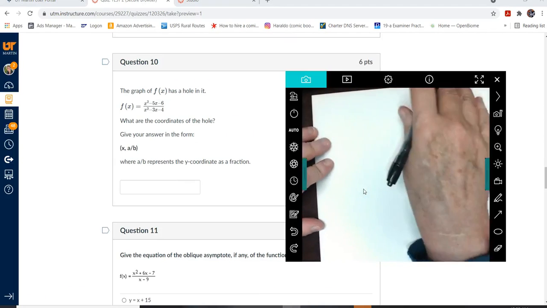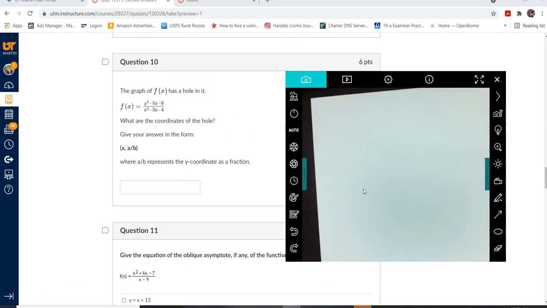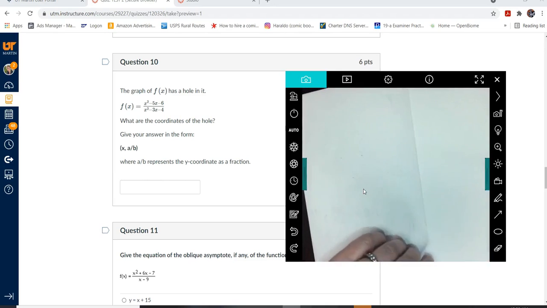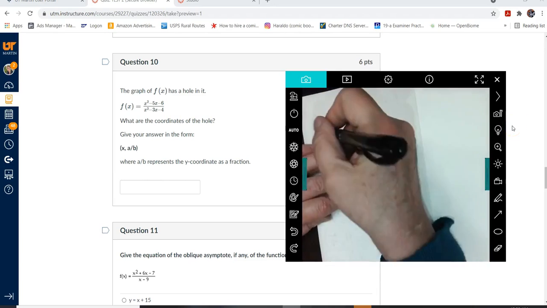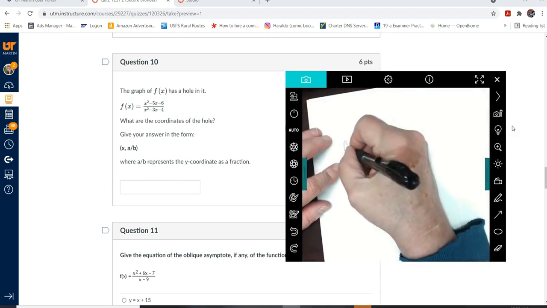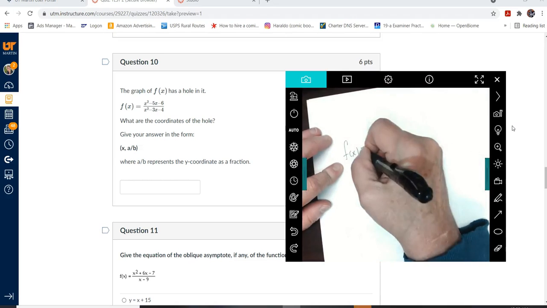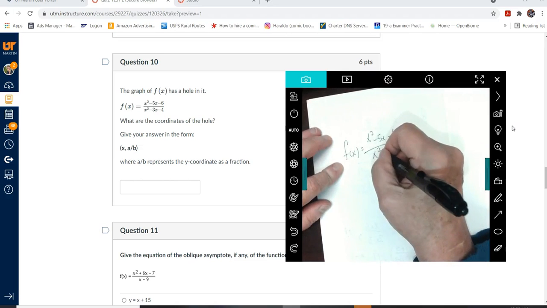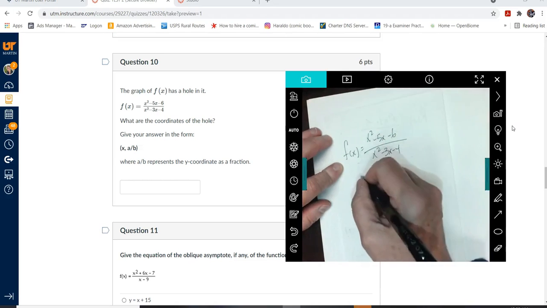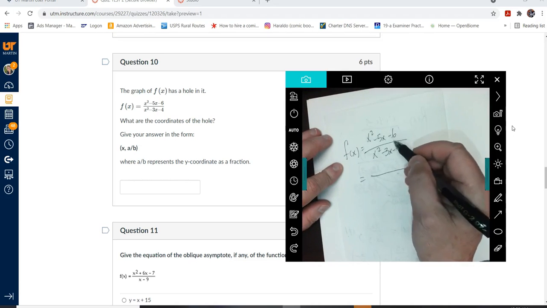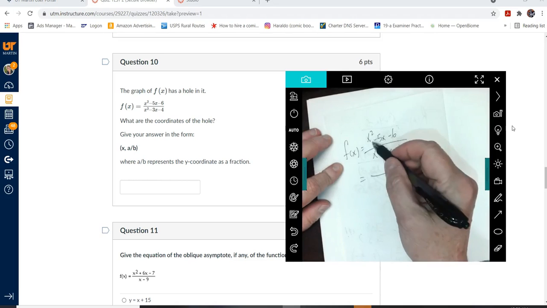Again, what are the coordinates of the hole? Okay, so we've got x squared minus 5x minus 6 over x squared minus 3x minus 4. Two numbers that multiply together to give you negative 6, but add up together to give you negative 5.